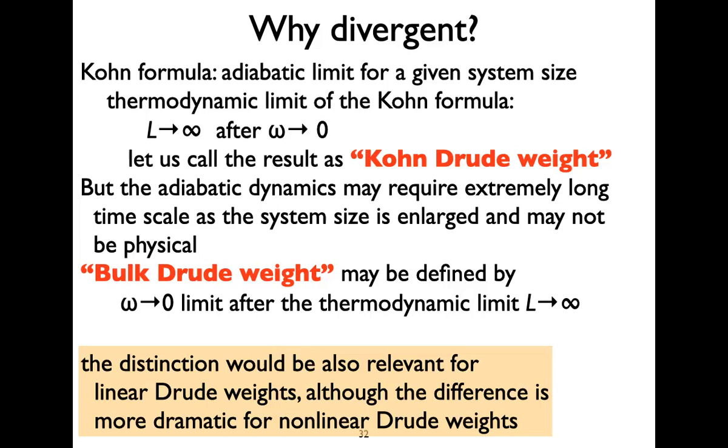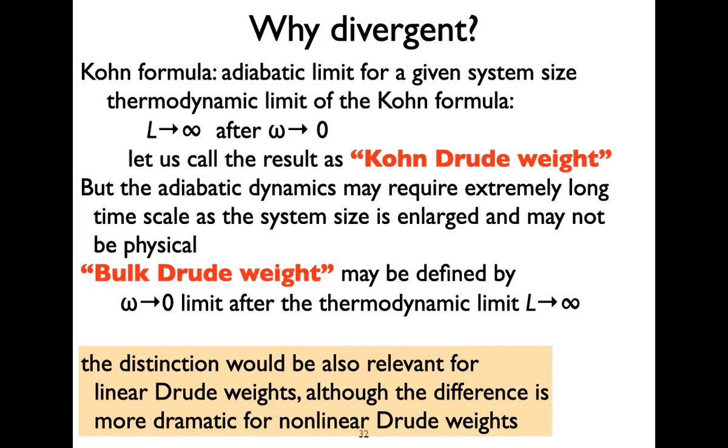That means that if you are using the Kohn formula, you are first taking the adiabatic limit, or omega going to 0, first. Then after that, you might consider the limit of the system size L going to infinity. We propose to call this limit the Kohn-Drude limit.